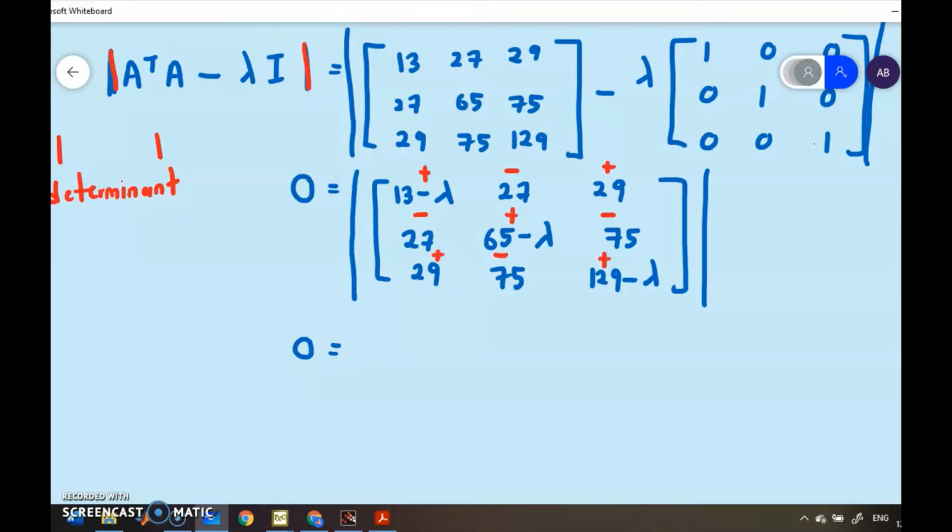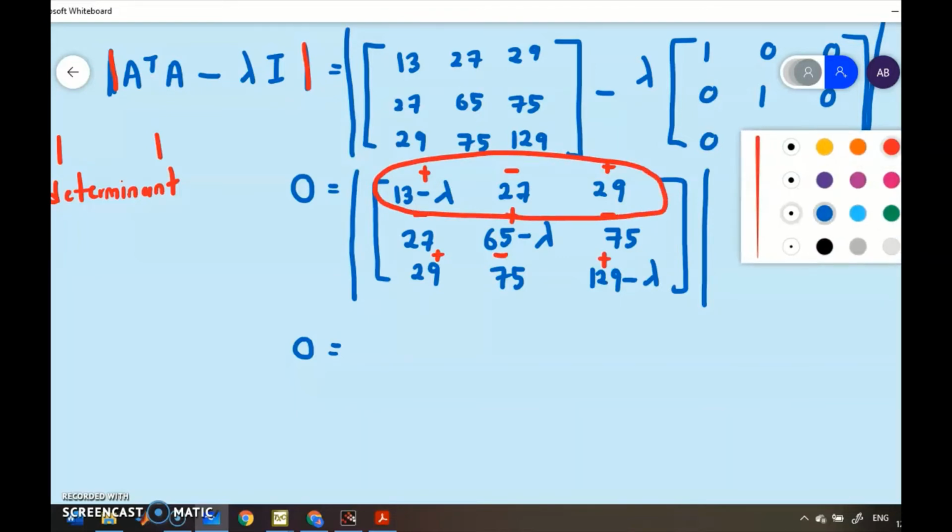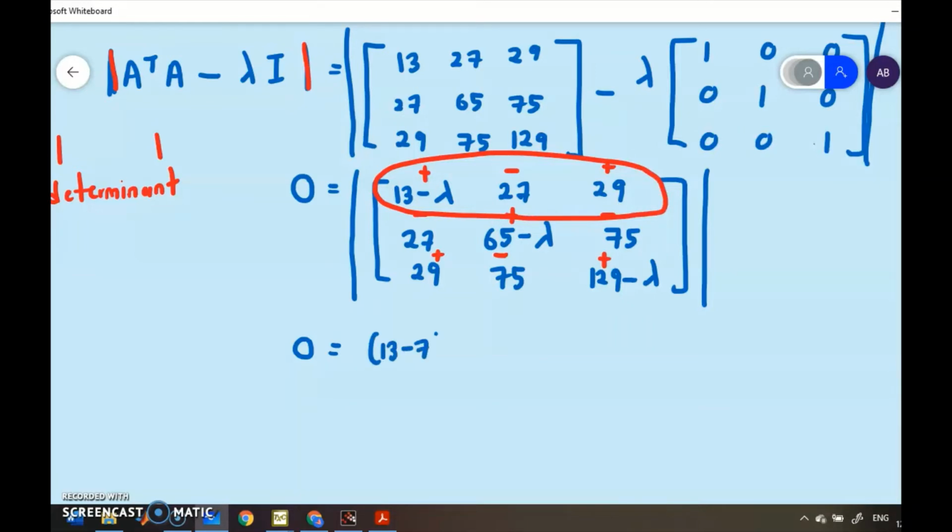So just pick one column or one row. So I'm going to pick this one. So I have 13 minus lambda. Cross out that row and column. I have 65 minus lambda, 75, 75, 129 minus lambda. And then the second one is negative 27.